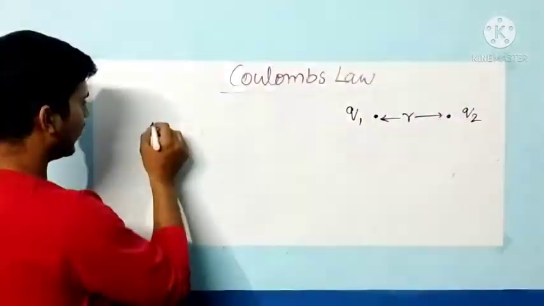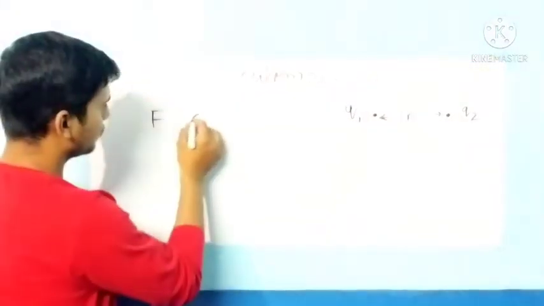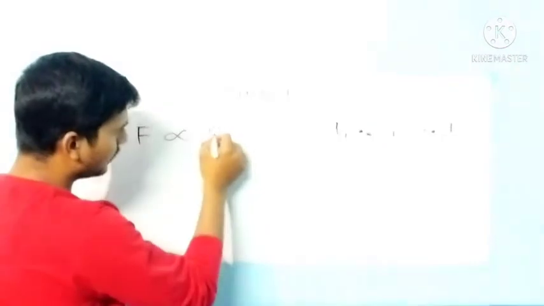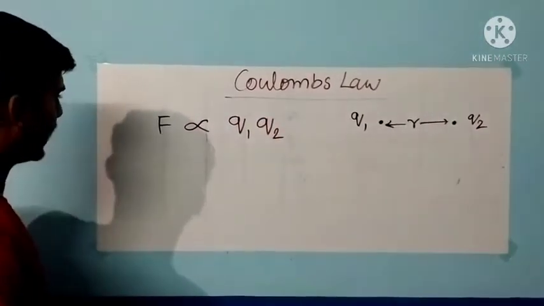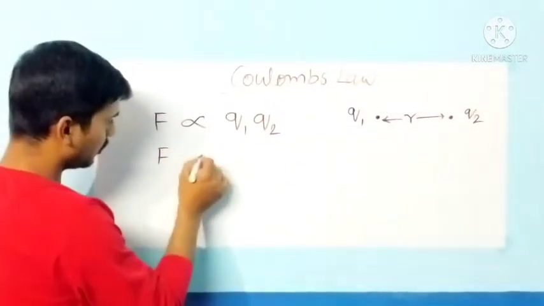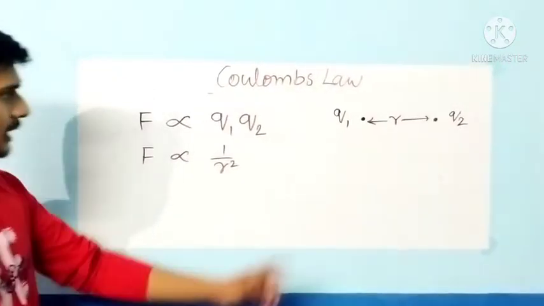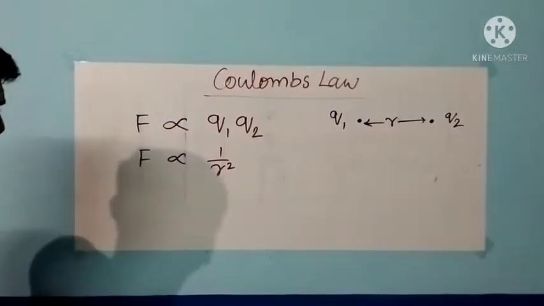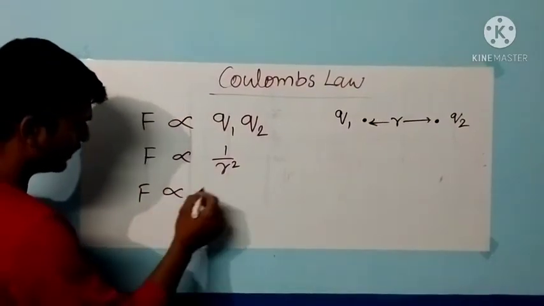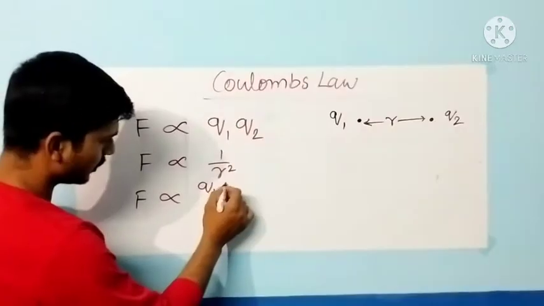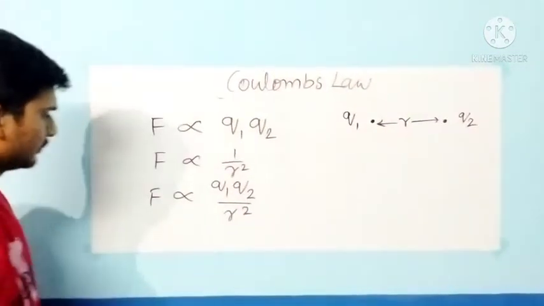It says that the force between these two point charges is directly proportional to the product of the magnitudes of the two charges, and inversely proportional to the square of the distance between them. Now we can combine this, so it becomes F is proportional to q1 q2 upon r squared.